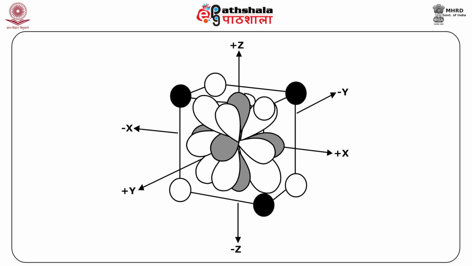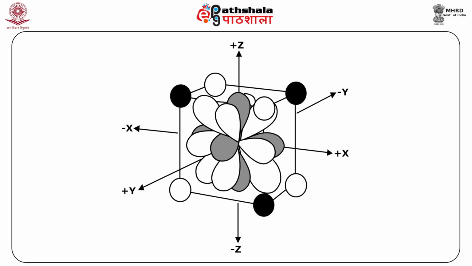On the other hand, the angle between the t2g orbitals, metal and ligand, is 1/3 of the tetrahedral angle, that is, 109 degrees 28 minutes divided by 3 to give us the value of 35 degrees 16 minutes.